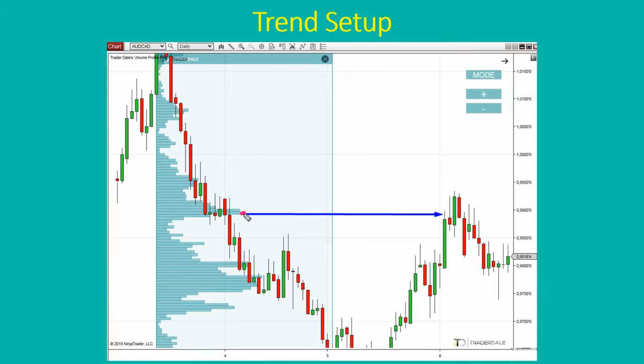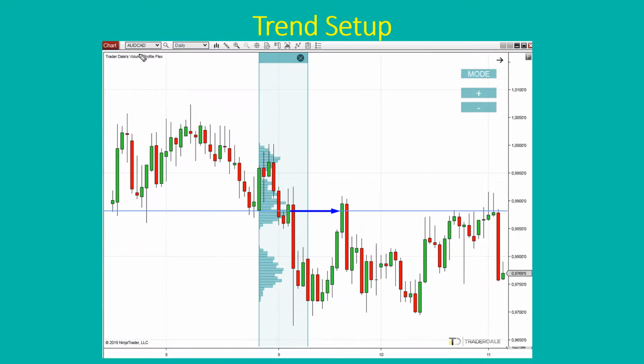So what you do is you draw a line, you wait for pullback, you go short from there. All right, again in this case the price went against the level a bit, but a few days afterwards the price reversed and went into sell-off.